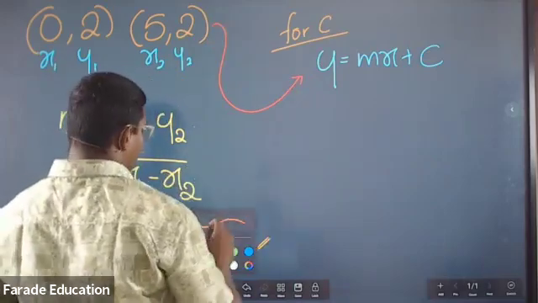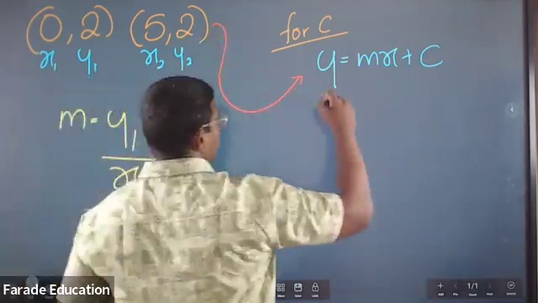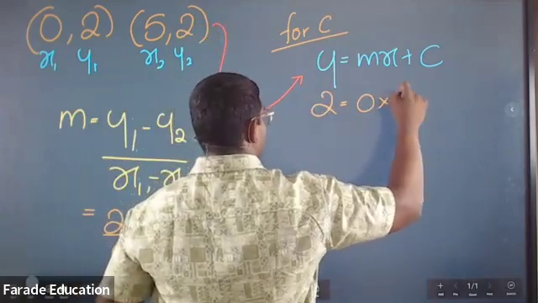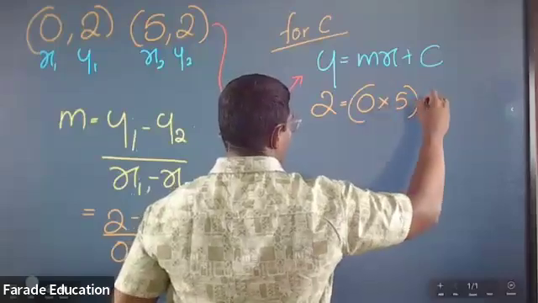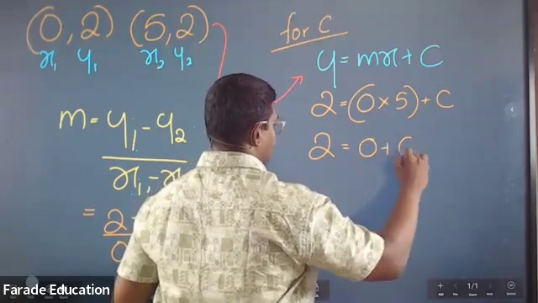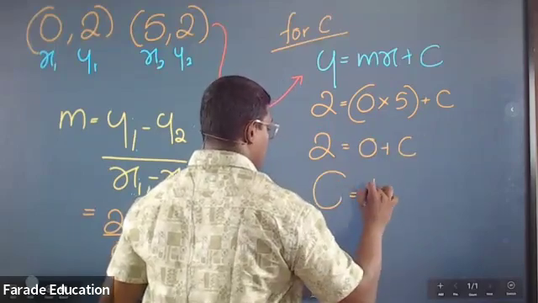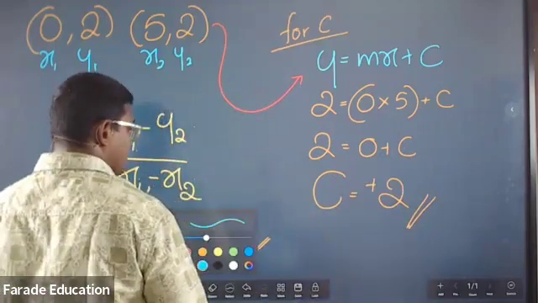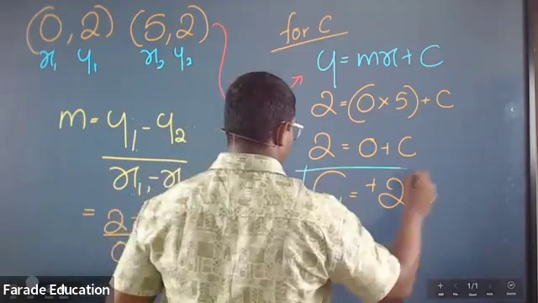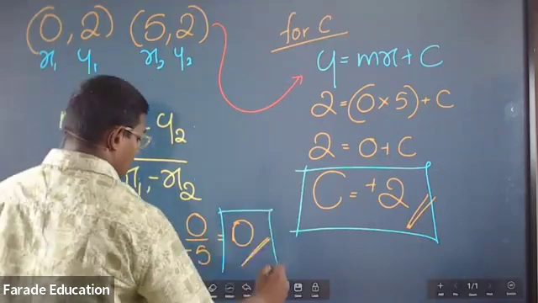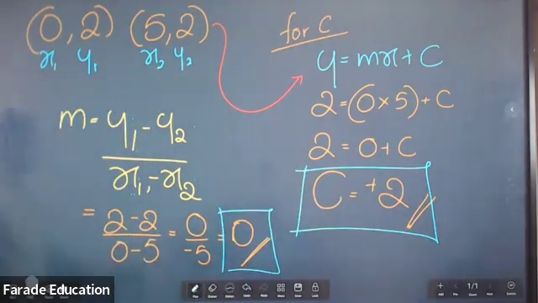So what is the value of y here? y is 2. Gradient is 0. x is 5. Plus c. 2 equals 0 plus c. Intercept is plus 2. Gradient is 0. Intercept is plus 2. Gradient is 0 and the intercept is plus 2. These are the answers for the question.